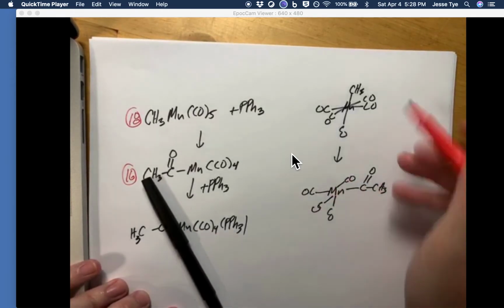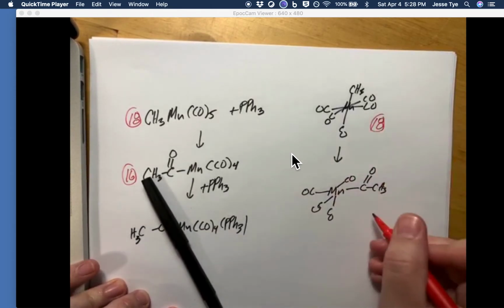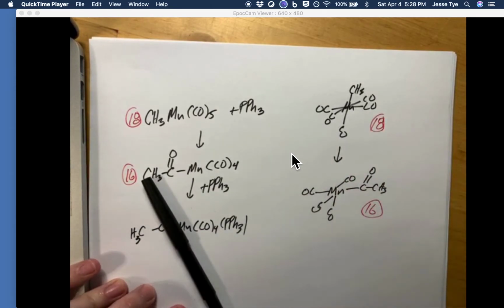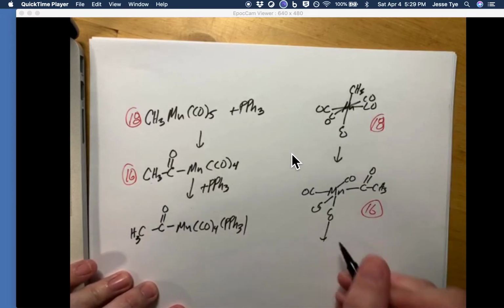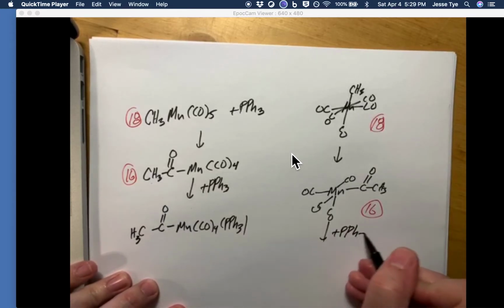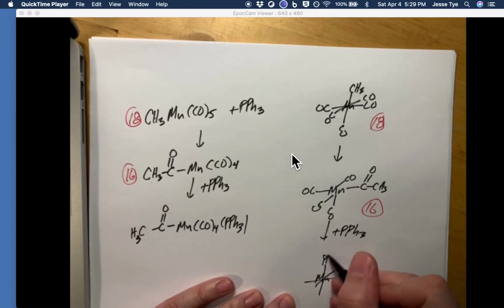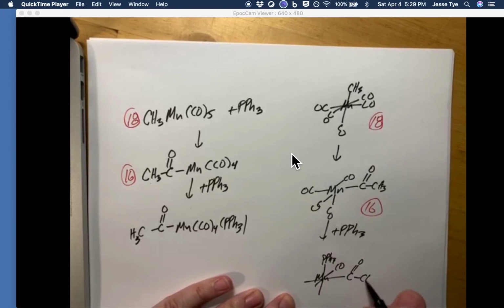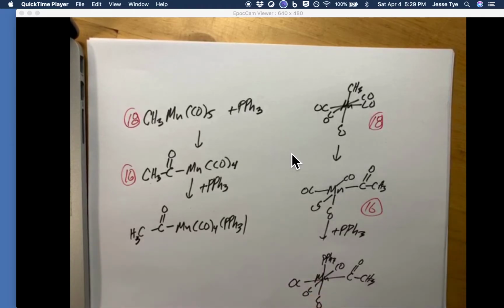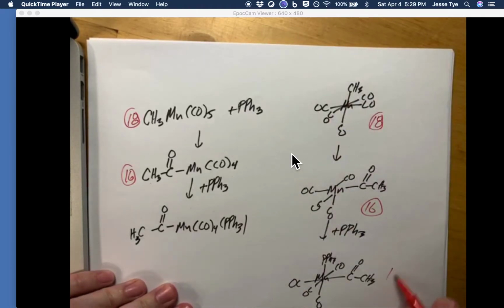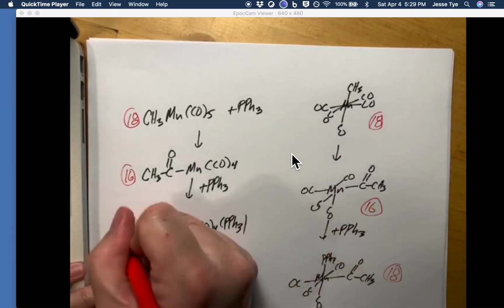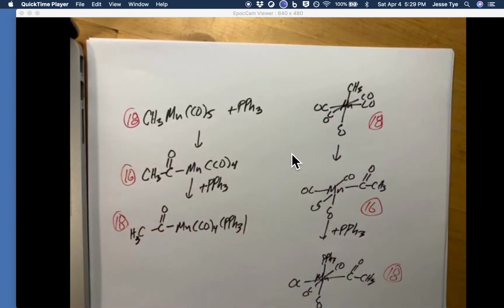Just like before, this started out as an 18 electron complex. This went down to a 16 electron complex. And then the phosphine comes in, plus PPh3, to bring everything full circle back to an 18 electron complex.